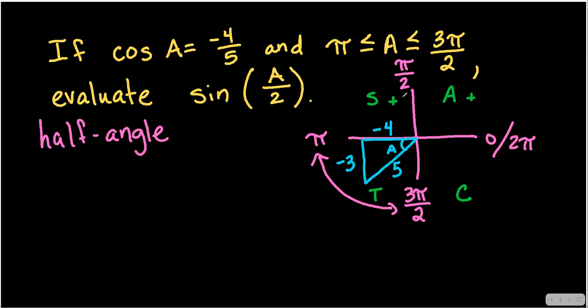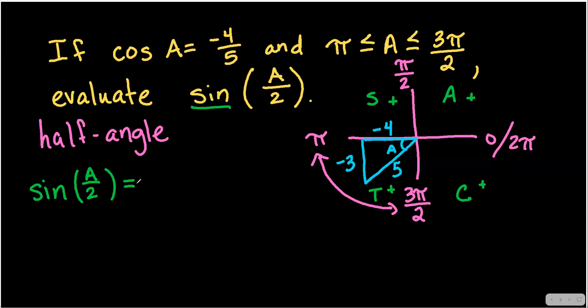Down here, only tangents, and over here, only cosines. So these are the positives for those specific things. If I'm looking for sine, that tells me that sine in this area would have to be a negative answer.